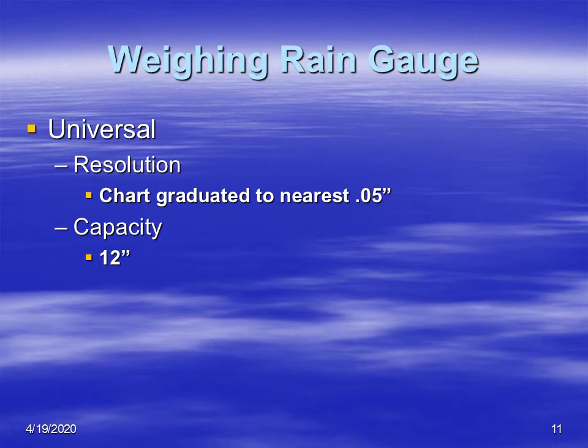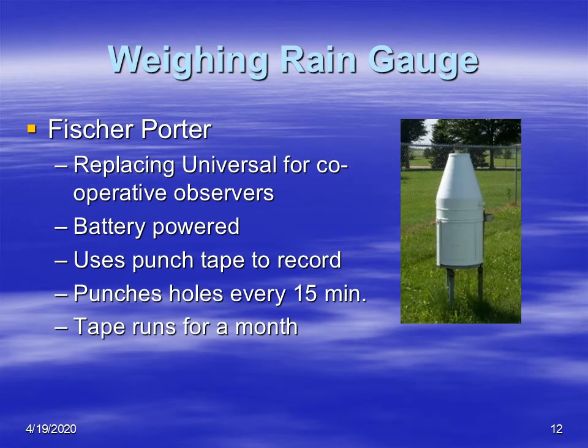Its resolution is to the nearest 5/100ths of an inch of precipitation and it has a capacity of 12 inches. Those are being replaced by the Fisher-Porter. The Fisher-Porter is an electrically driven weighing rain gauge. It uses either battery power, or I have also seen solar panels that supply the electrical power for these types of systems.